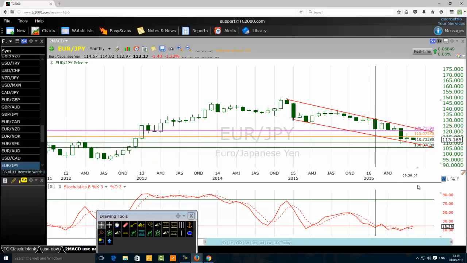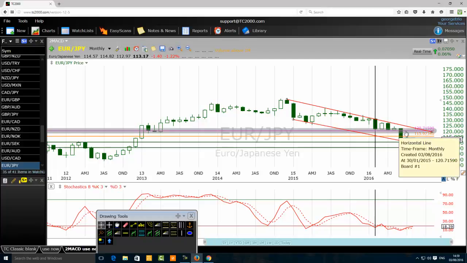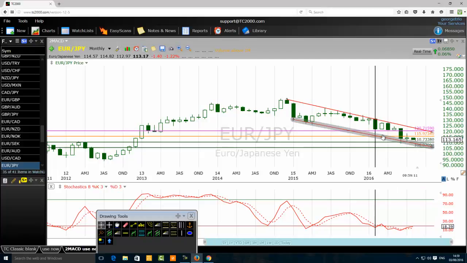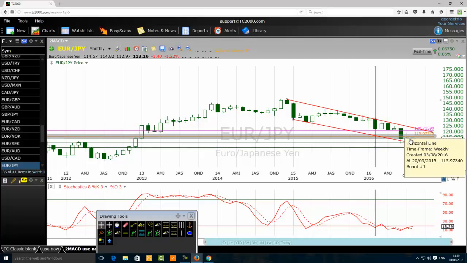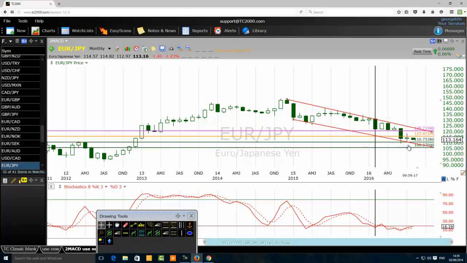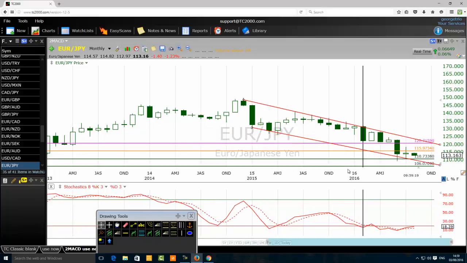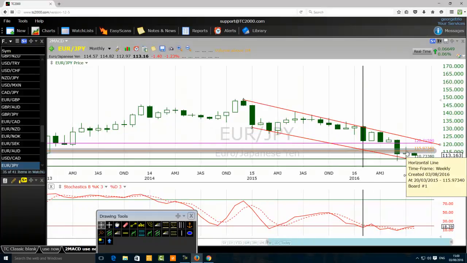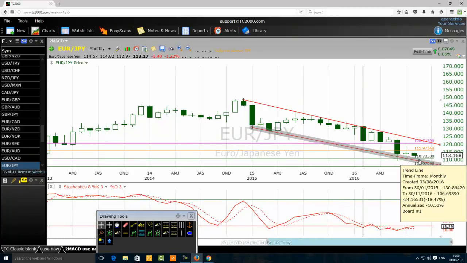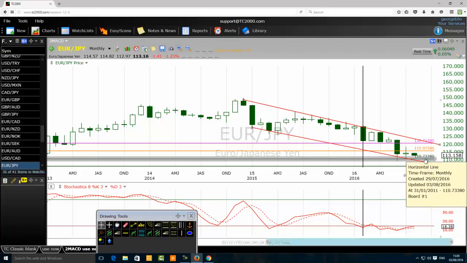The first support level is 12071, and the price breaks below it. The next support level is 11597, the price breaks below it and retests it here. So that's the second support level. We are now in the zone of the third support level at 11073.